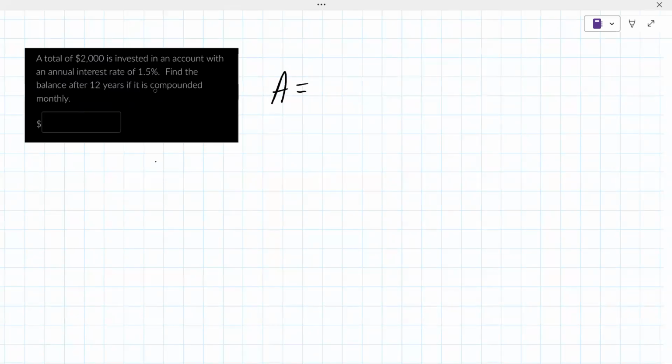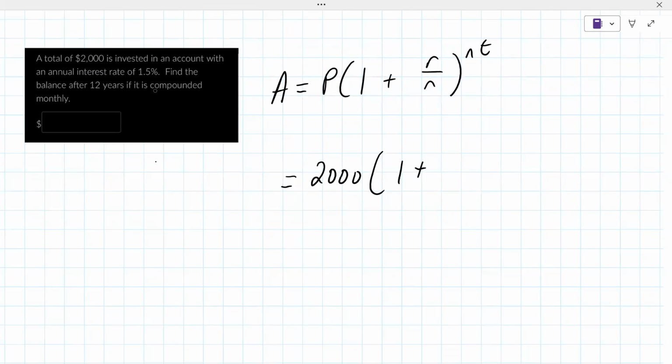So we did this formula earlier. Can you tell me the value of P? What's the amount that they're starting with? 2,000. And then the interest rate, it's shown as a percent.